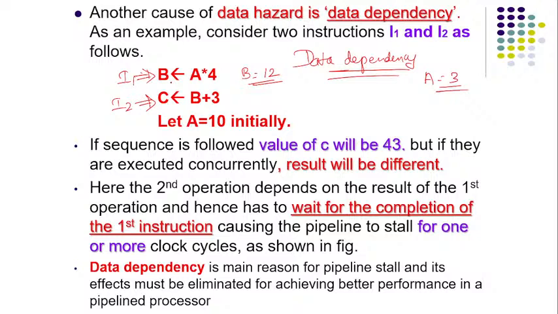Now the new value is 12, and for the second instruction c is equal to b plus 3. So see here, the second instruction depends upon the first instruction, on the b variable.